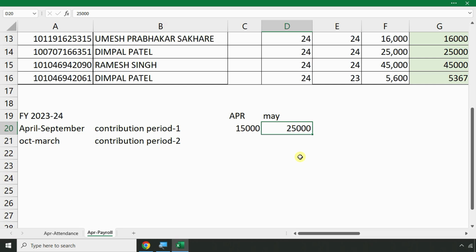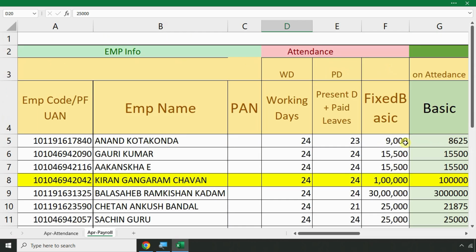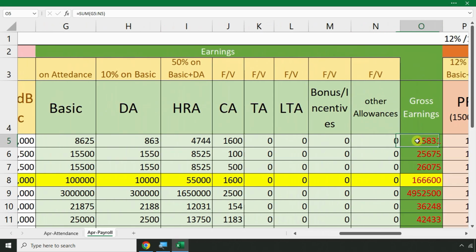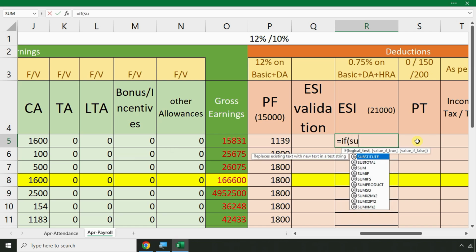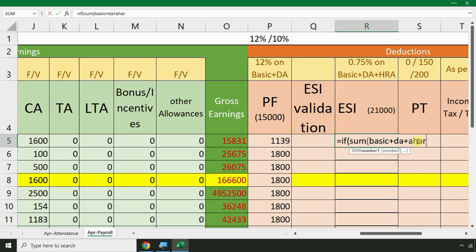Most of the people apply the formula directly like this. How do they say it? Equals to IF, open bracket, if sum of basic plus DA plus HRA is less than 21,000 then deduct, greater than 21,000 then do not deduct.